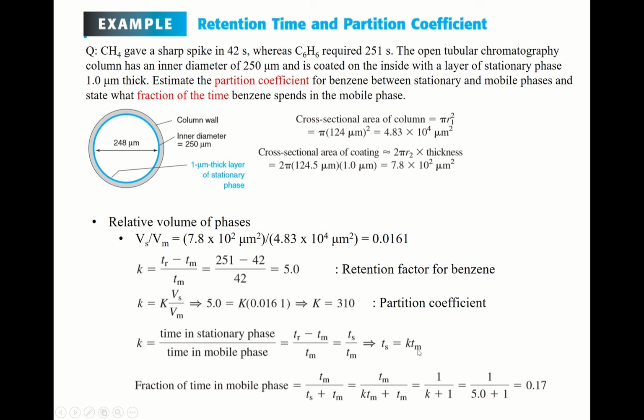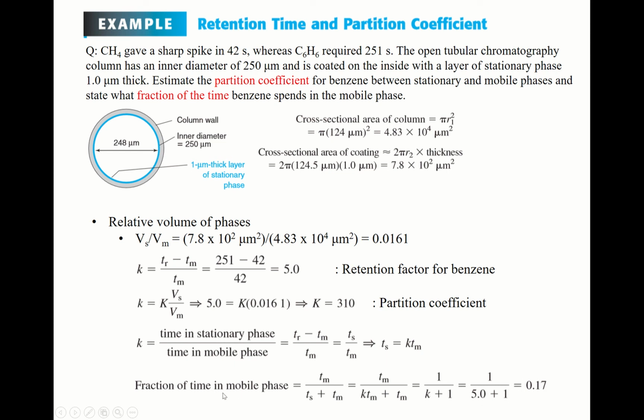So the fraction of time in the mobile phase is given by tM over tS plus tM. Here tS is K prime multiplied by tM, and then we get 0.17.